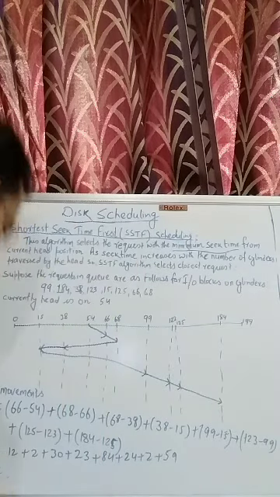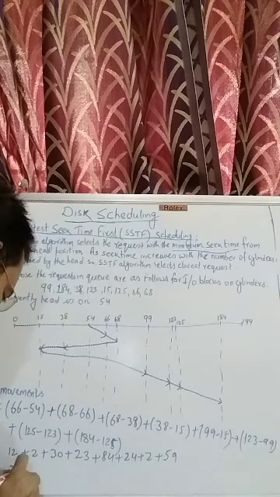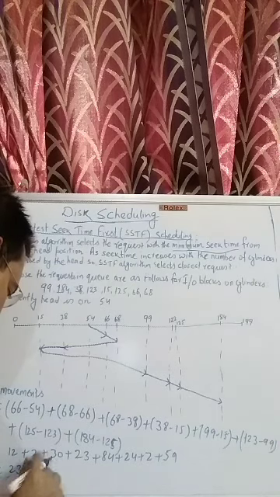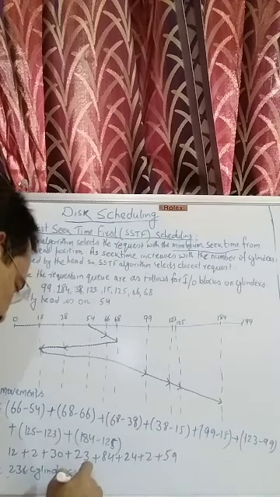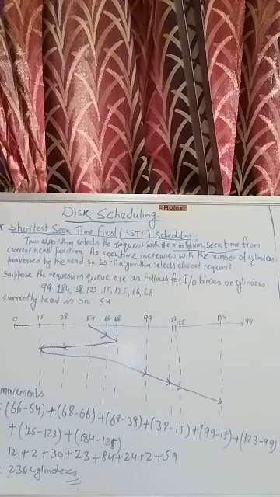So the total head movement is 236 cylinders. This is the SSTF algorithm.